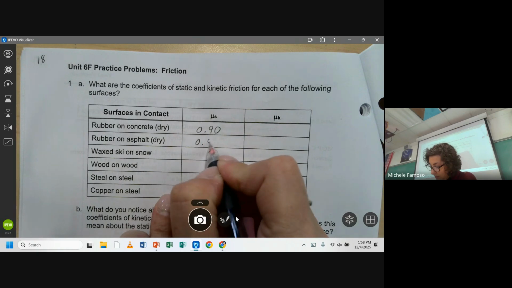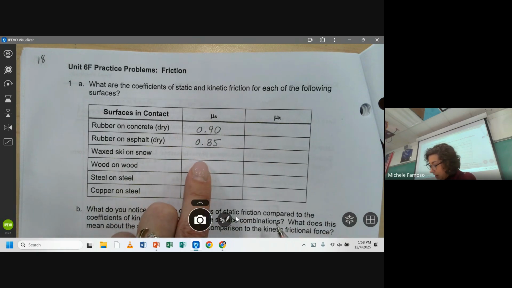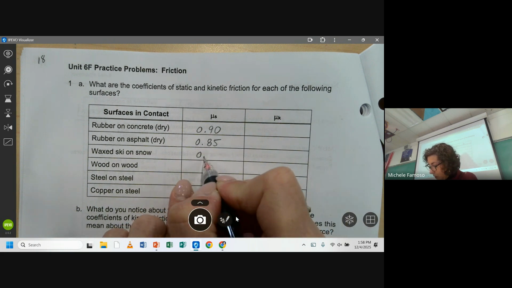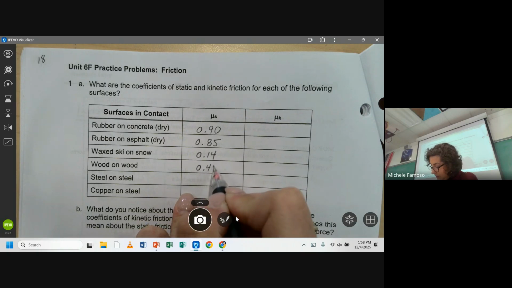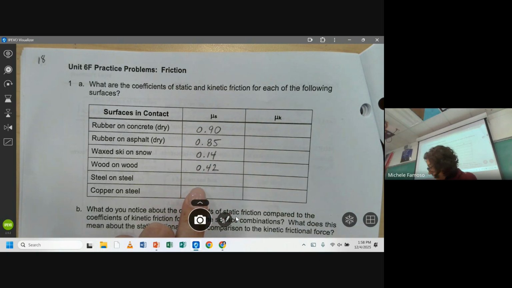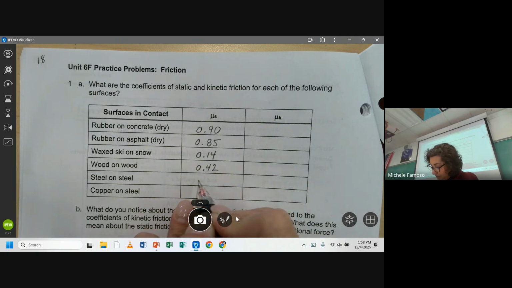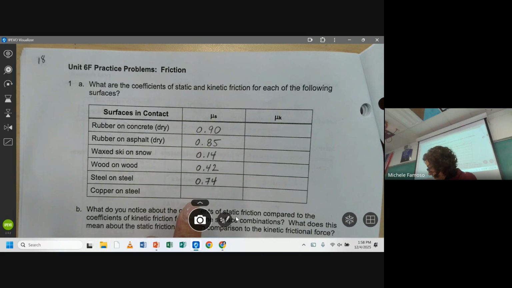Good. Anson, how about waxed ski on snow? 0.14. Correct. Caroline, how about wood on wood? Mm-hmm. Dominic, steel on steel? 0.74. And Miranda, how about copper on steel?